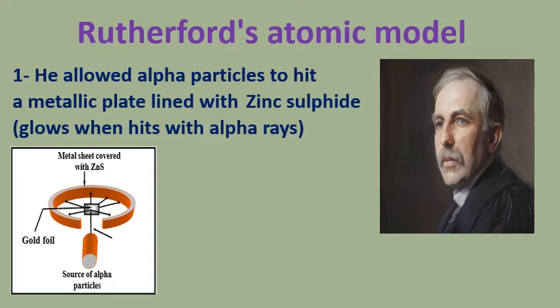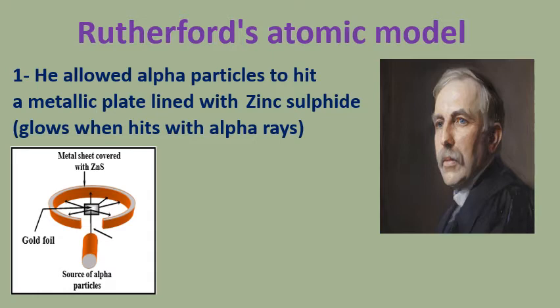He used zinc sulfide as a metal that has a property of glowing when hit by alpha rays, and he used a gold foil as a model of the atom and a source of alpha particles, as you see in the figure in front of you.